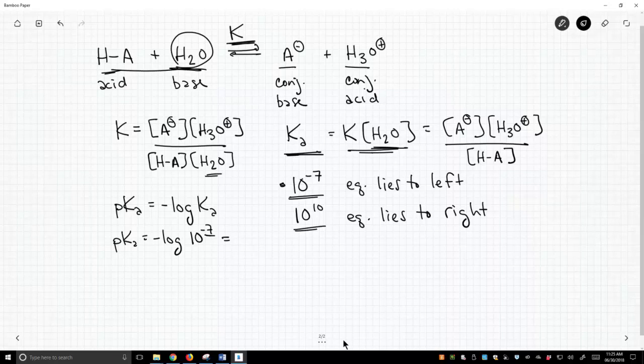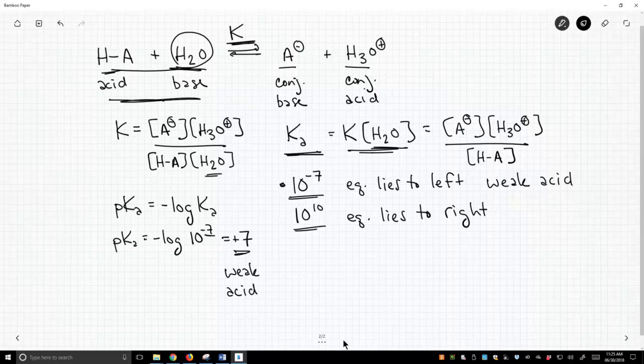A logarithm is an exponent. Minus 7 times minus equals plus 7. So if the equilibrium lies to the left, then this would be a weak acid. And so here's the pKa of a typical weak acid.